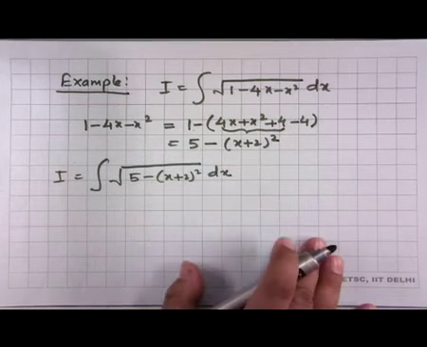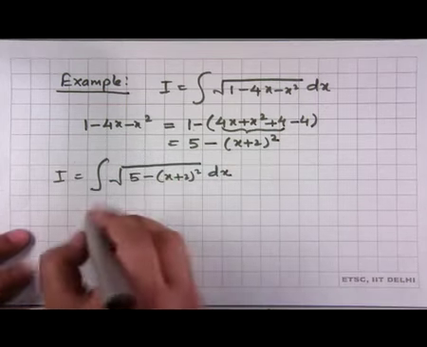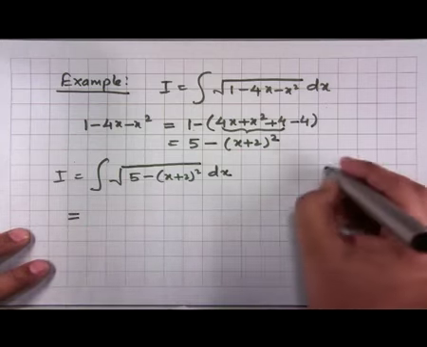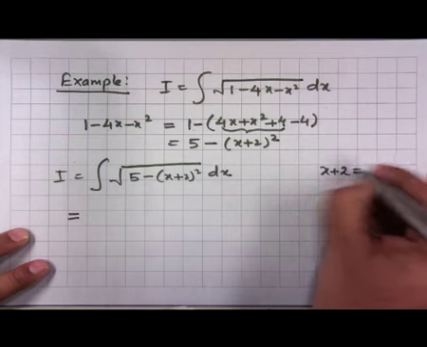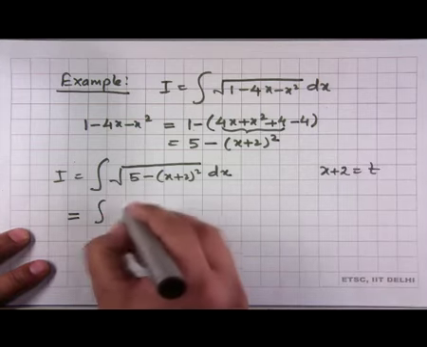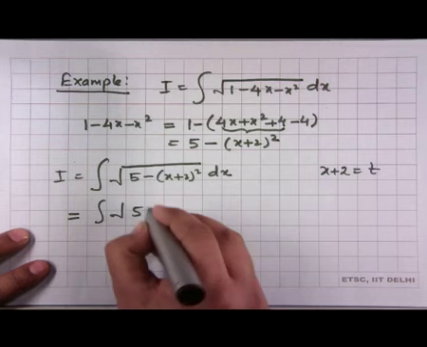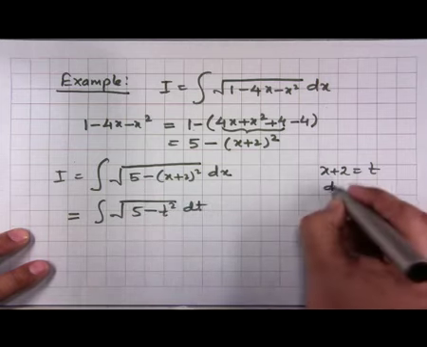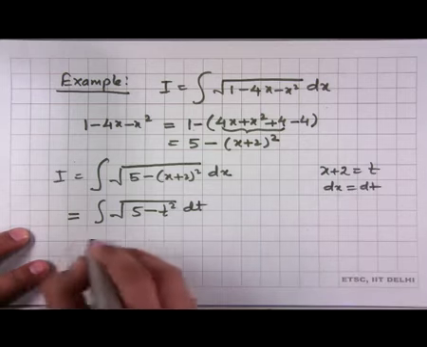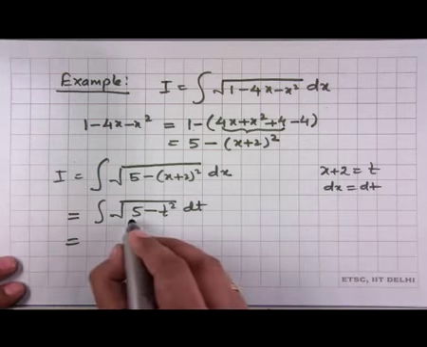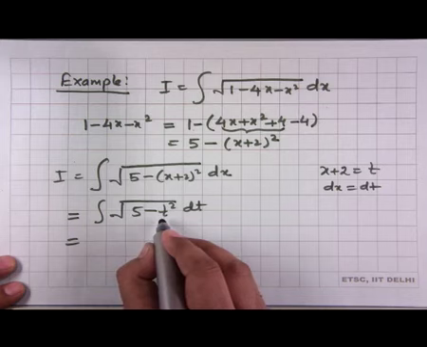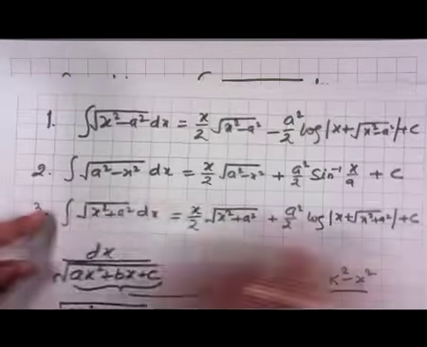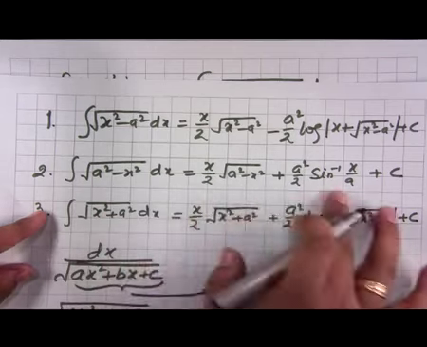Now, since it is a linear factor, I can use the formula directly by making a substitution here, x plus 2 is equal to t. So, the integral becomes square root of 5 minus t squared dt, because here you can see dx is dt. So, this is of the form a square minus t square, and one of our previous formulas, a square minus x square, will work here.